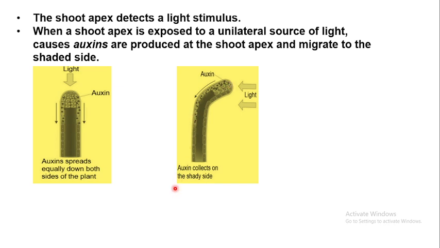All right. So the auxins will collect only on the shaded side. The shaded side is the side which is not receiving light, it's the dark side, this side here. So this side, as a result, is going to grow faster than the side which is receiving light. As a result, it is going to cause the plant to bend towards the direction of light.